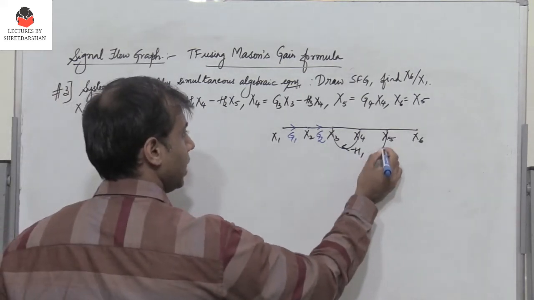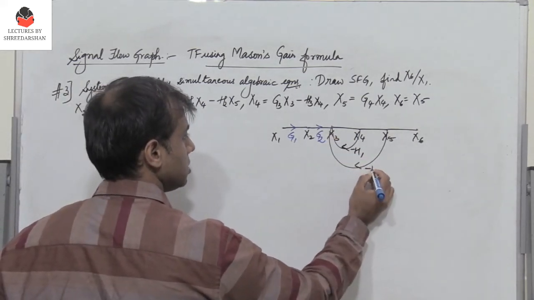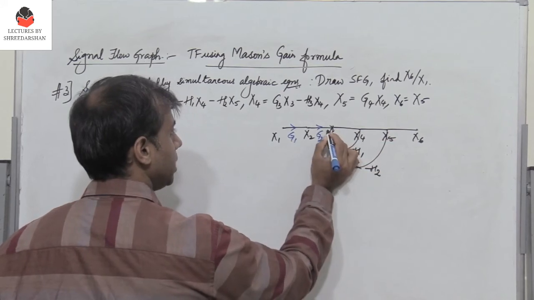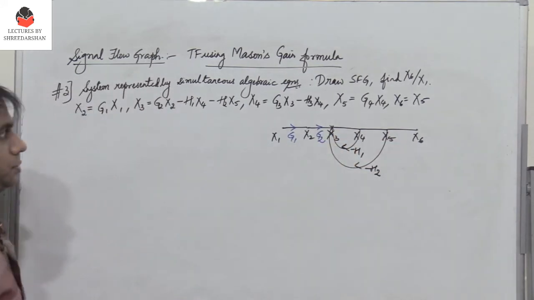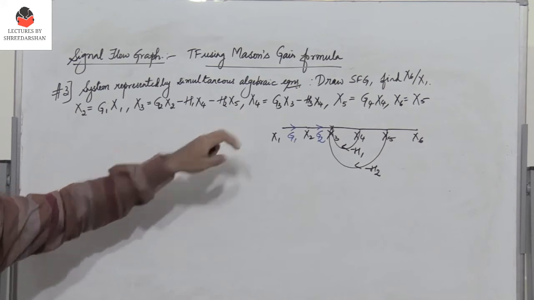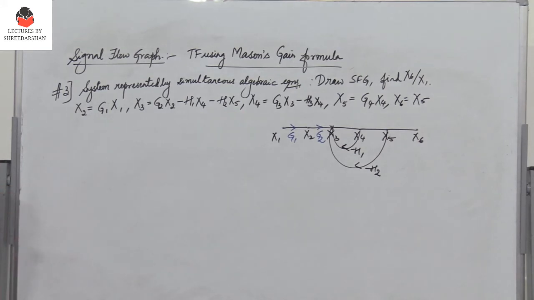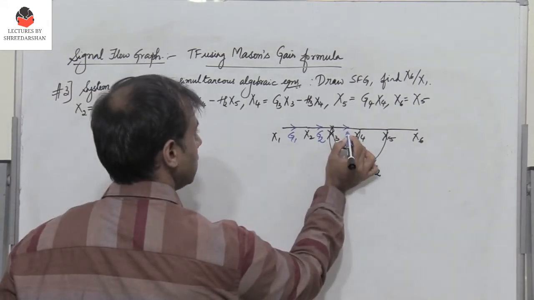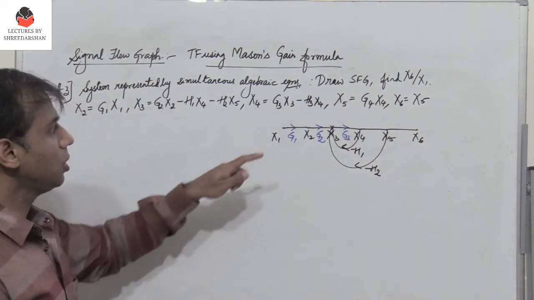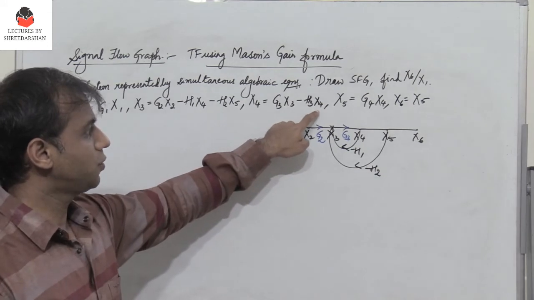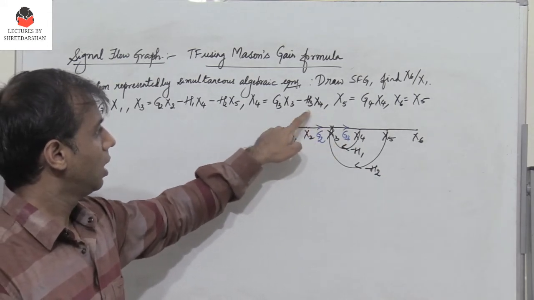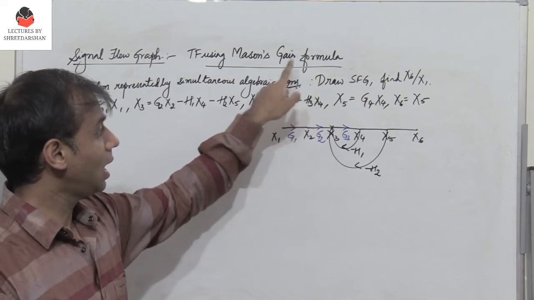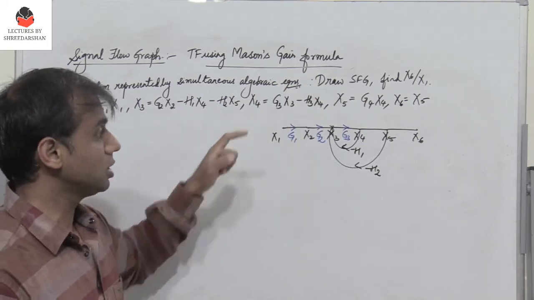So from x5 I have minus h2, all coming to node x3. Next, what about x4? x4 is g3 into x3. So of course this is g3 into x3, and then you have minus h3 x4. So from x4 I have minus h3 coming to x4 itself.